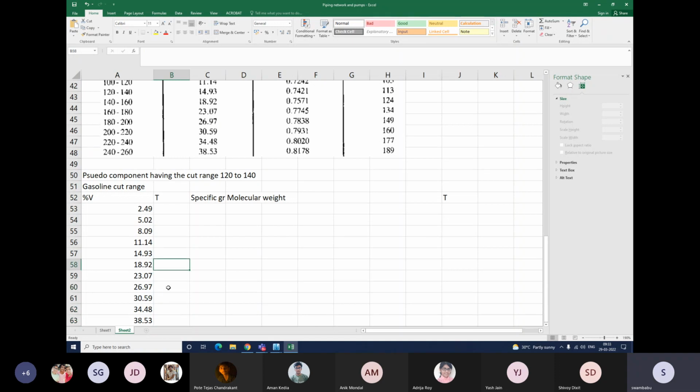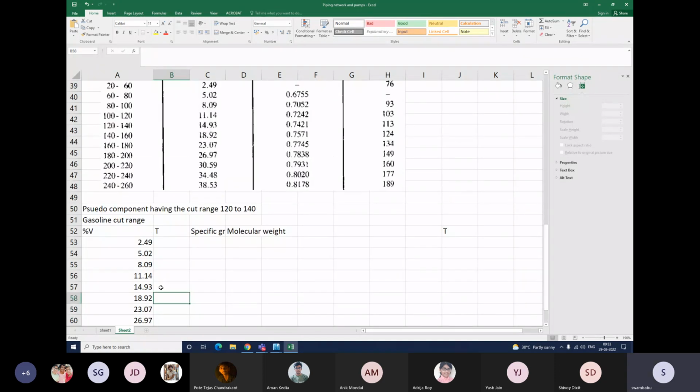That is the percentage vaporized, and I'll take the average of the temperatures. So 40, 70, 90, 110, 130, 150.